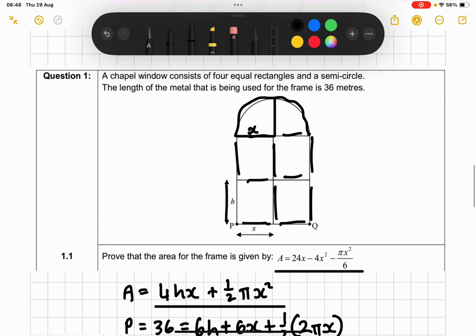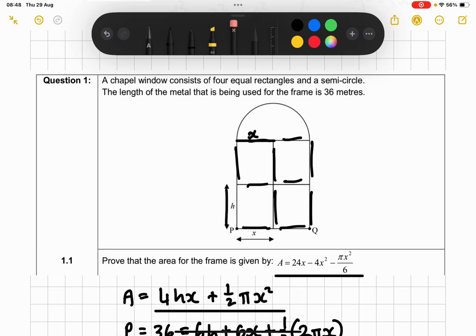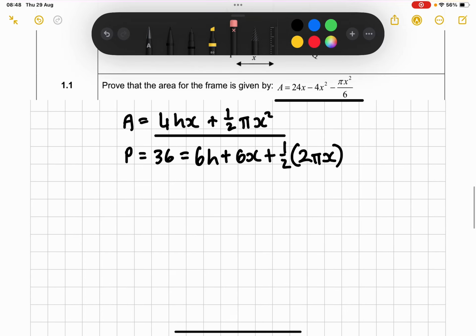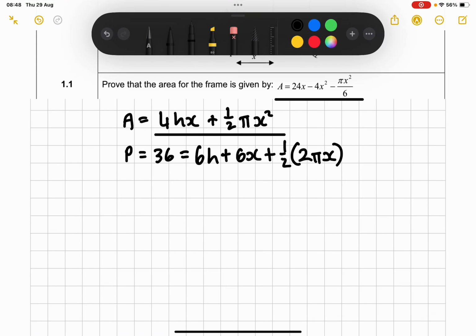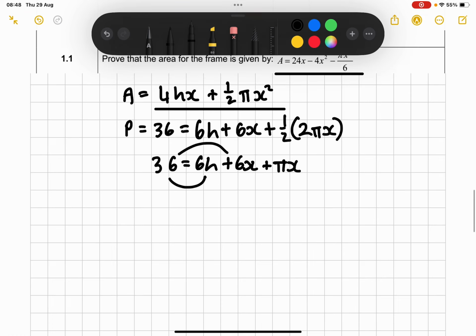Again, I'm just going to erase this because it starts to look a bit messy. So our 36 is going to be equal to 6h plus 6x plus pi x. The 2 and the half cancel. Now we're going to take this 36 that side and the 6 to the other side.